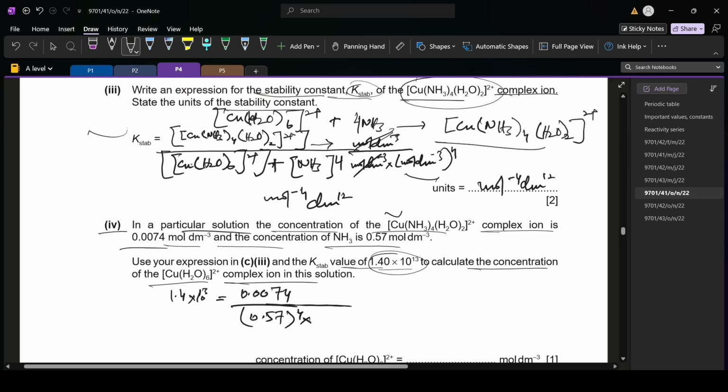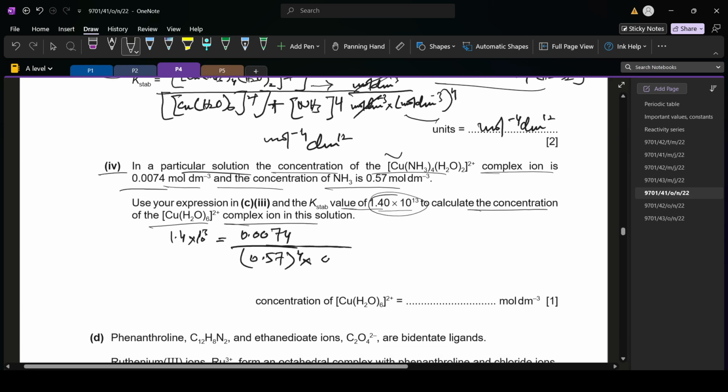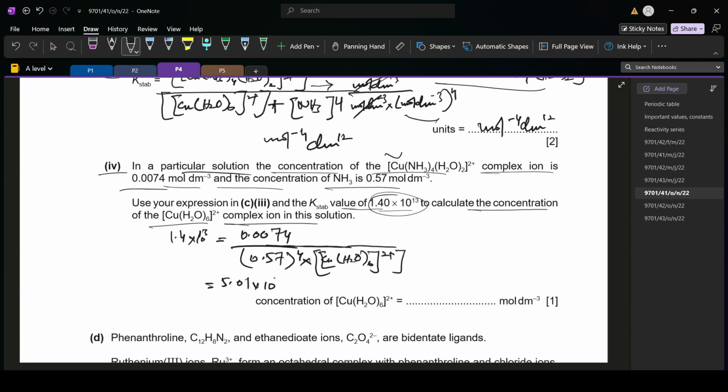Now you just have to calculate the concentration of this complex ion. You can calculate it easily from this equation, and it is going to be 5.01 × 10^-15.